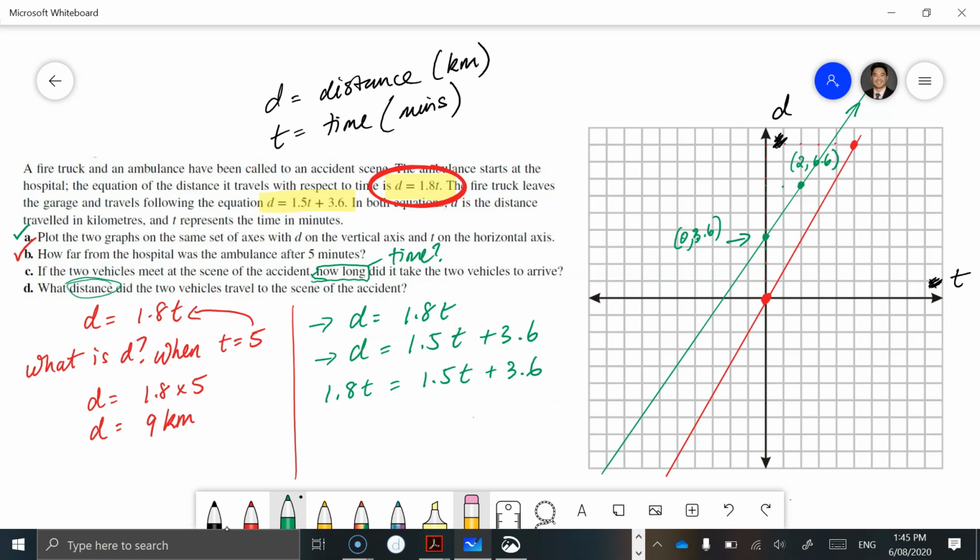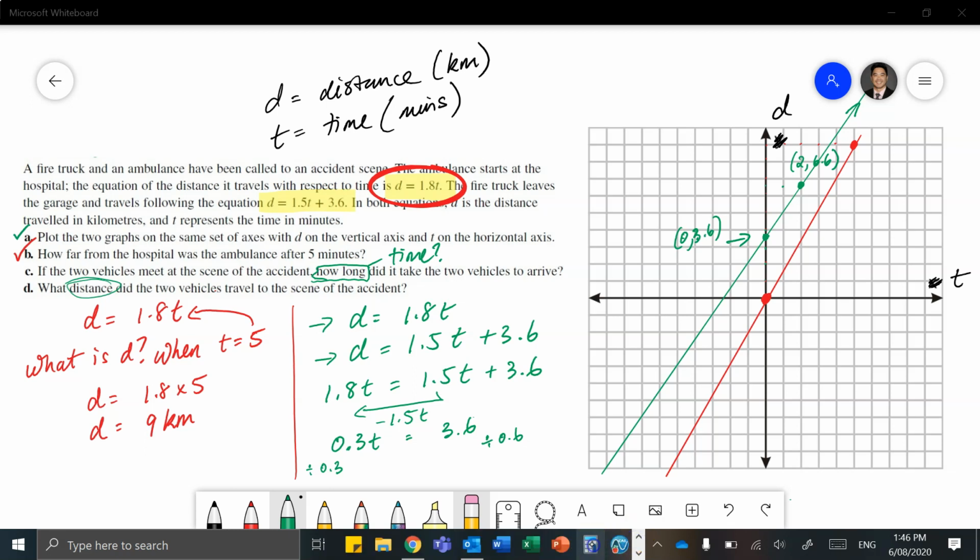So now what we can do with this, we can actually say, well, what is the time? We can solve for T by just solving the linear equation. So we're going to take away 1.5T from both sides. So 1.8 minus 1.5 is 0.3T is equal to 3.6. To get rid of the 0.3, we're going to divide both sides by 0.3.